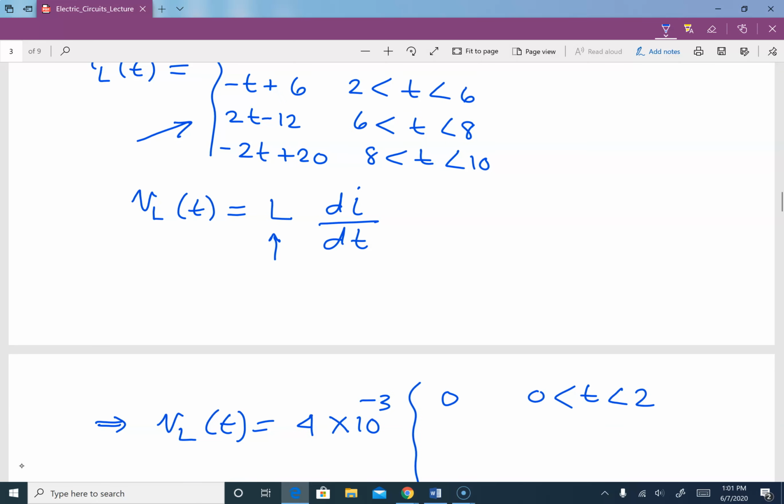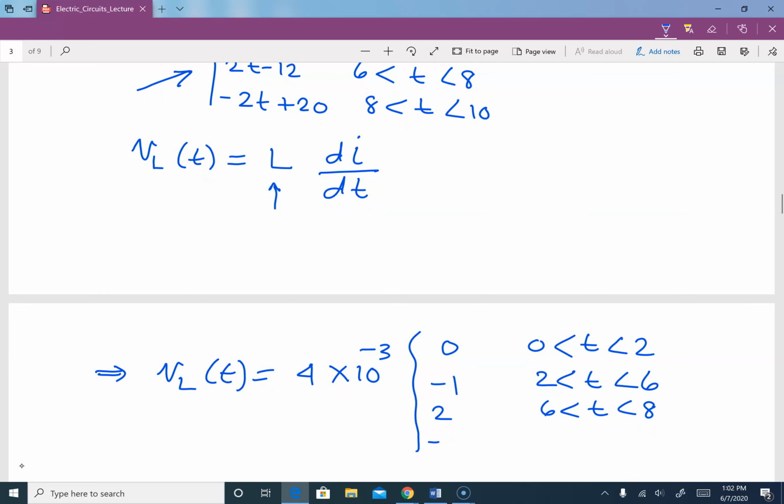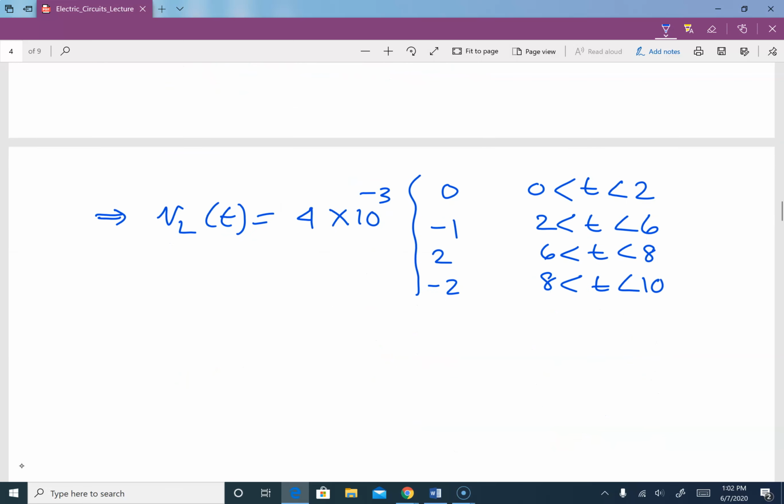And then the second one is negative 1 for t greater than 2 and less than 6, then 2 for t greater than 6 and less than 8, and then negative 2 for t greater than 8 and less than 10. So when we multiply by the millihenry, which is 4 times 10 to negative 3, we get the first one is 0 for t greater than 0 and less than 2.